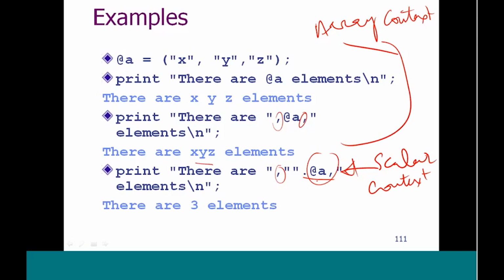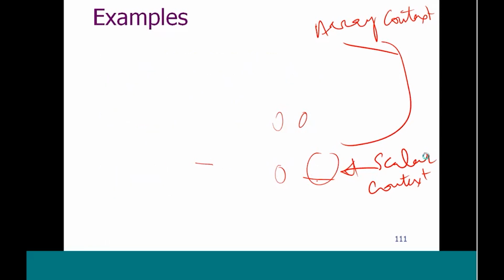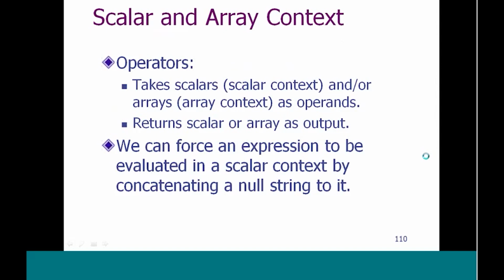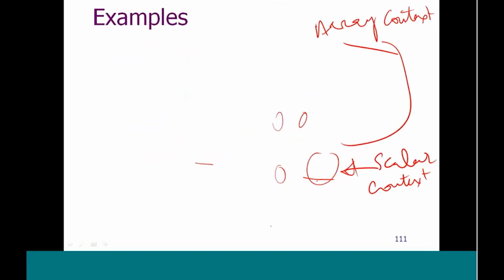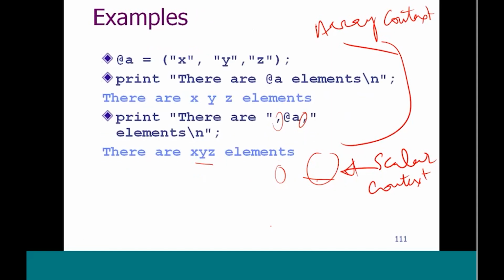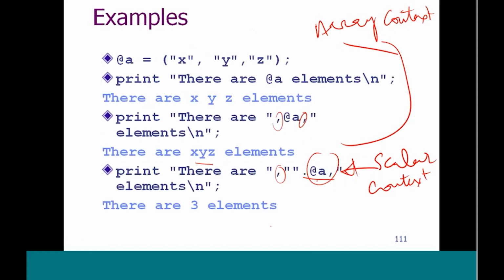So again we go back to the original rule. For the arrays, we can have the scalar context or the array context, and we can make them evaluate as either a scalar context or an array context by just concatenating a null string to the array.